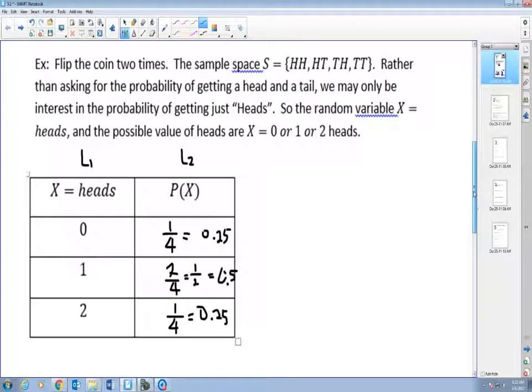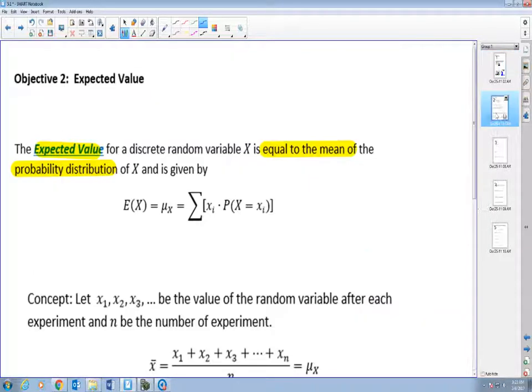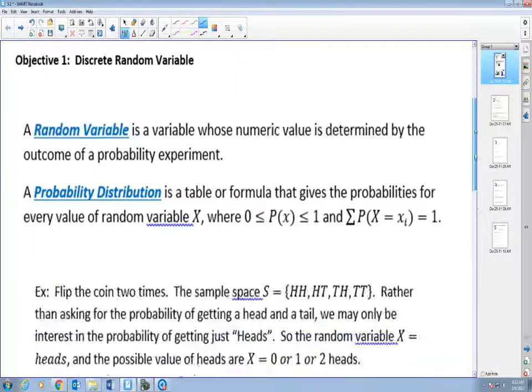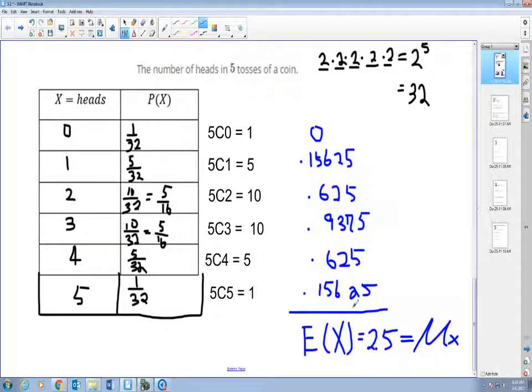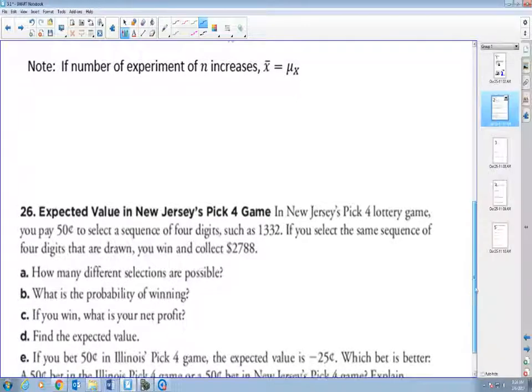I can toss a coin many times, maybe 1,000,000 times, and eventually it will give me the number of heads. What I'm expected to get is about 2.5, which is half, because the probability of getting a heads or a tail is half anyway.